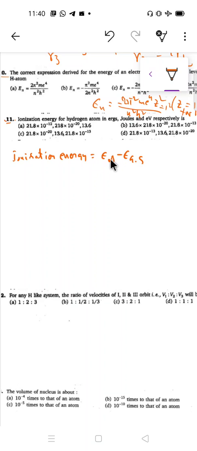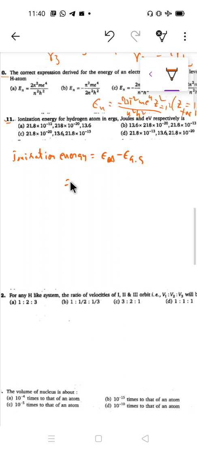The energy required to remove an electron from the outermost shell of a gaseous atom. How much energy is needed to remove an electron from a gaseous atom from the outermost shell? Okay, that is the reason why they are written like this.